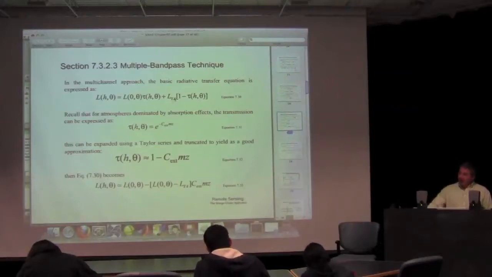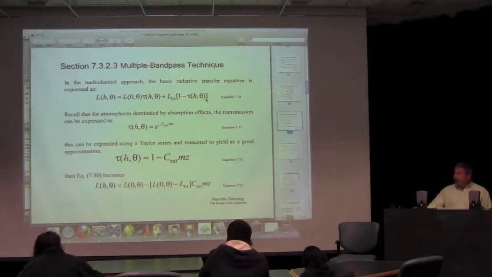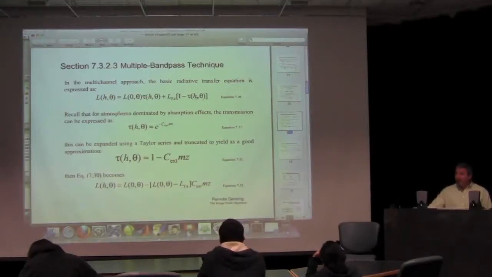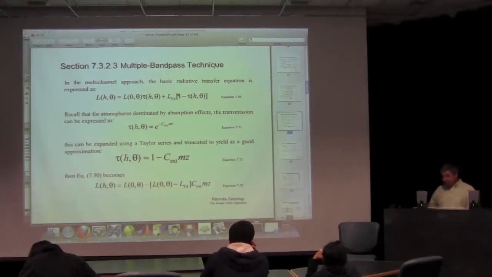We multiply that by this term, 1 minus tau h theta. What is that? It's the emissivity of the atmosphere, the mean effective emissivity of the atmosphere between the ground and the sensor. So the radiance leaving the atmosphere due to its temperature, multiplied by its emissivity, is the upwelling path radiance. Another way of looking at it.